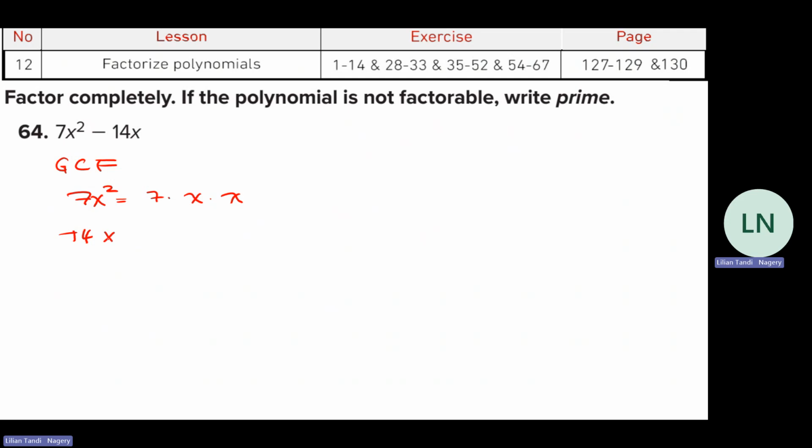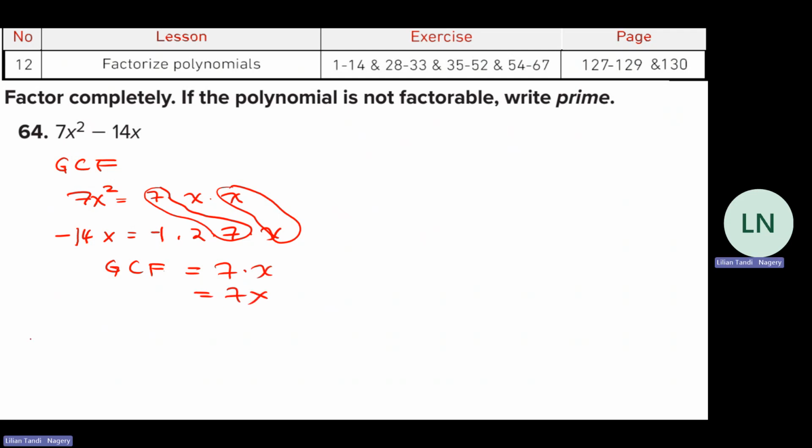Negative 14x becomes negative 1 dot 2 dot 7 dot x. So GCF is 7x. Okay. So GCF equals 7 dot x, 7x. So 7x, x is remaining, minus 2. Okay.